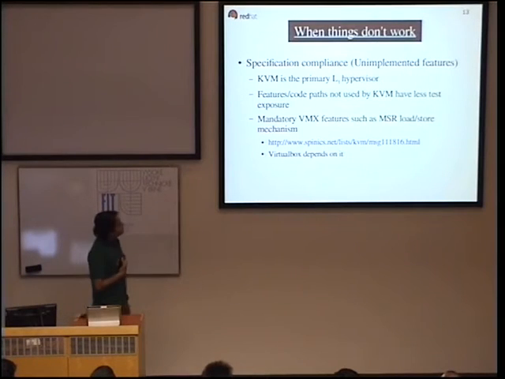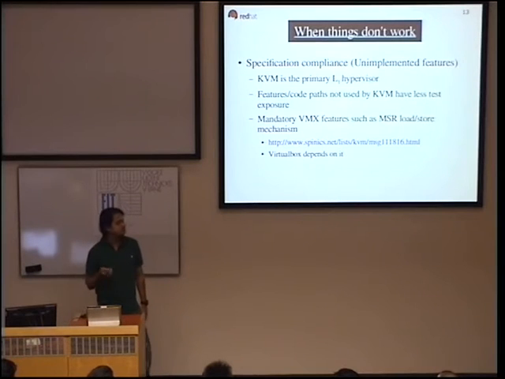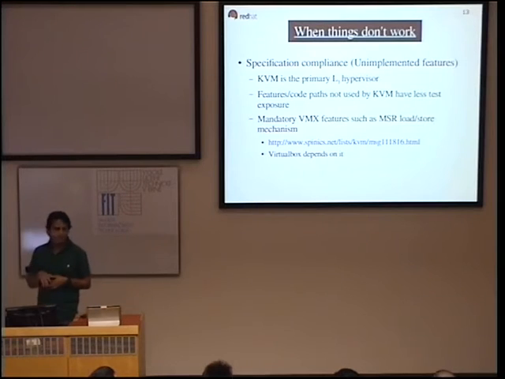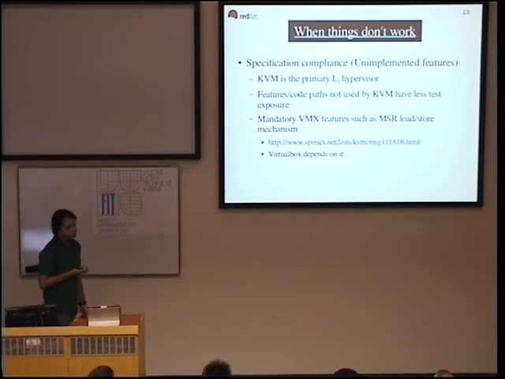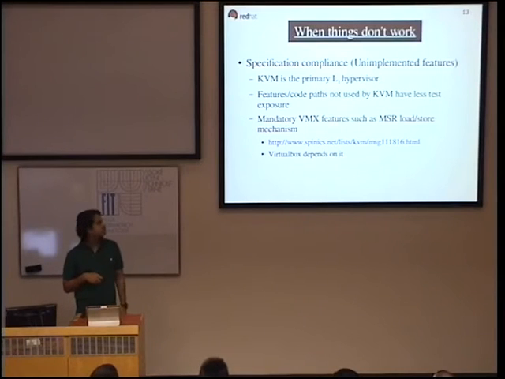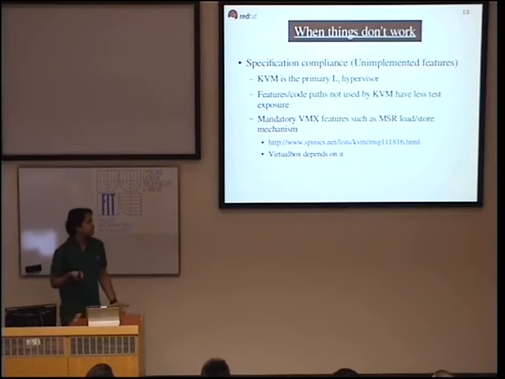Spec compliance is basically doing what the spec says. Because we are almost emulating the whole VMX environment for nested virtualization, we try to follow the spec, but sometimes, because of programmer error or something deliberate, we don't always do that.